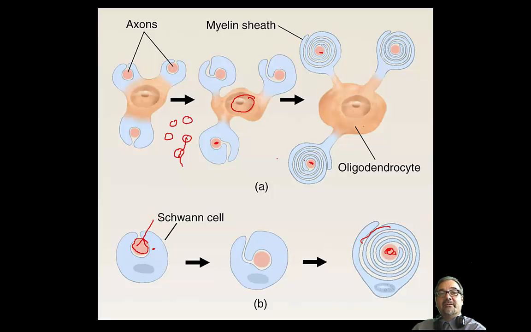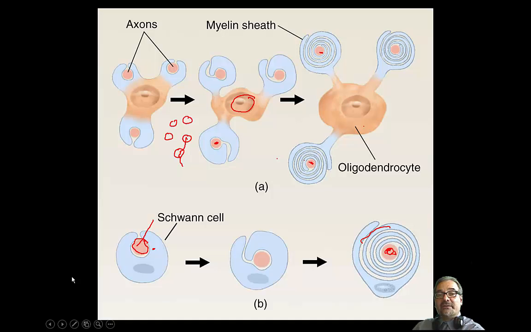Zika could cause Guillain-Barré. So Guillain-Barré is the result of a reaction and demyelination in the peripheral nervous system, while multiple sclerosis is in the central nervous system. The reason they're different is because we're talking about different cells that will have different proteins that the immune system will attack in different ways. So that's another implication of having these two different types of cells.